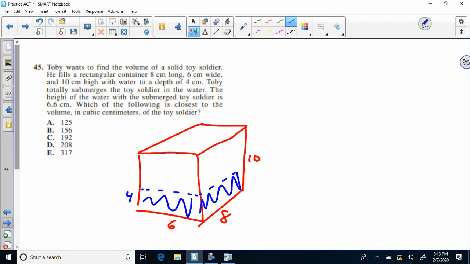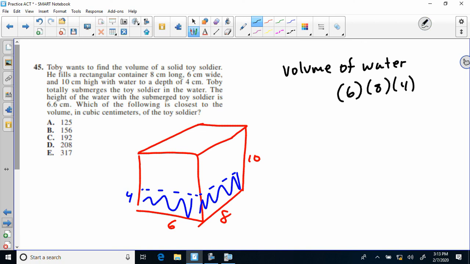So the volume of the water would be length times width times height, or 6 times 8 times 4, because my water is only 4 inches high. It's not filling the entire container, which is 10 centimeters. Sorry, we're in centimeters.